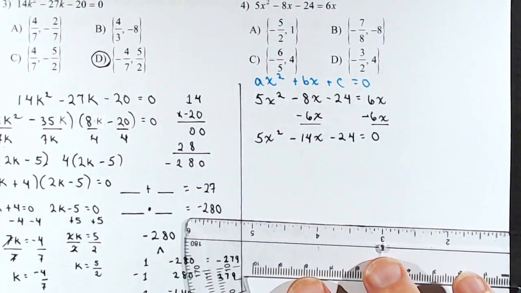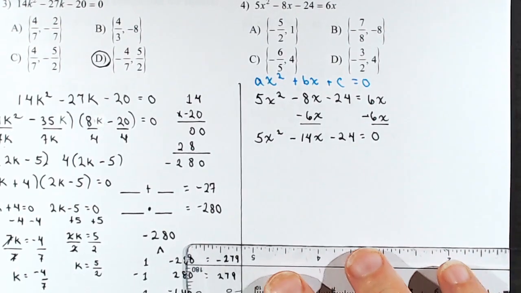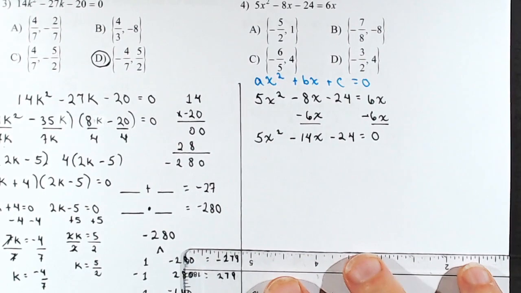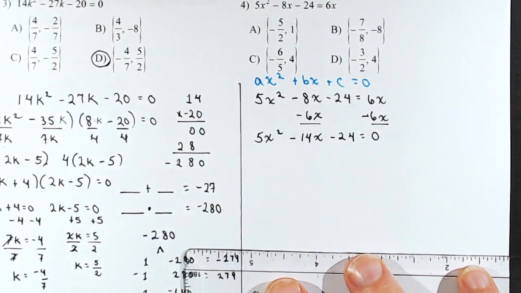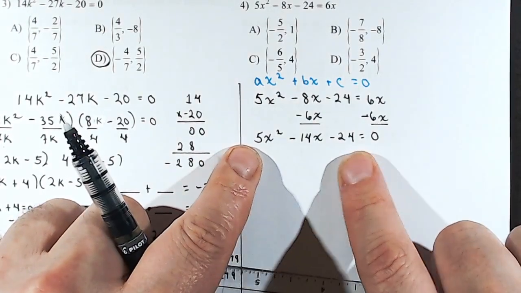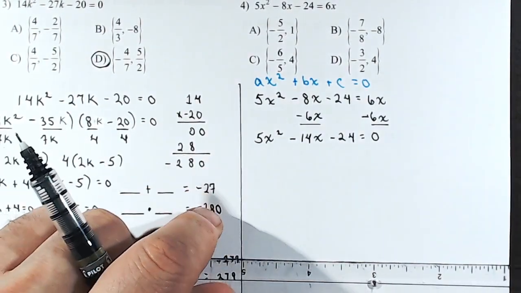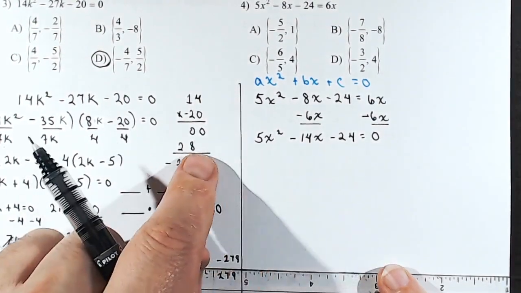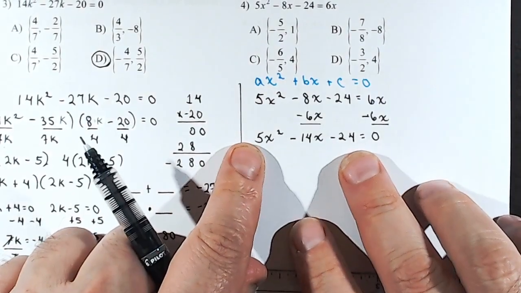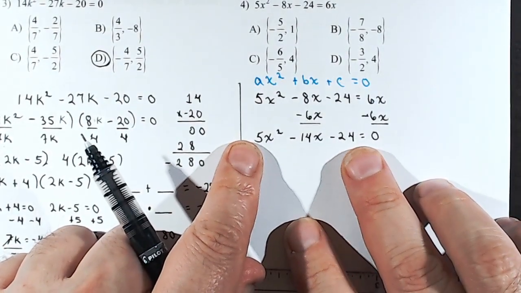Okay, so the question is, do we now have a standard form quadratic equation with 0 on the right side? Yes. Okay, so now our a, b, and c values are 5, negative 14, and negative 24. And you want to multiply a times c in order to find out what your middle terms have to add and multiply to equal. They have to add to equal negative 14 and multiply to equal the product of a and c, 5 times negative 24.